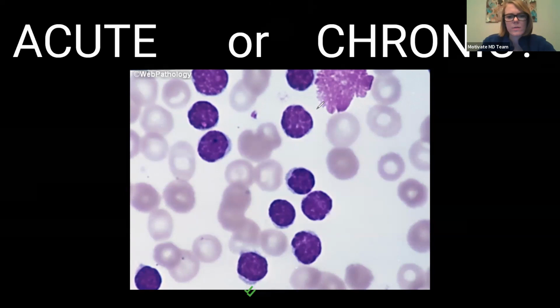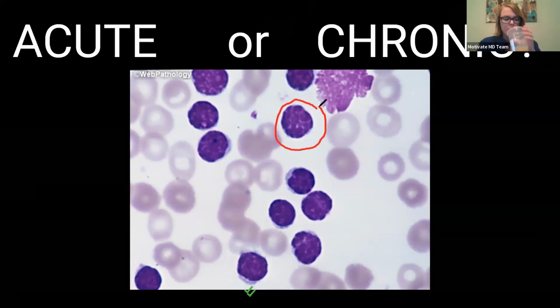What kind of cell are we looking at here? This one that I just circled right now. What kind of cell is that? You guys are close to basophil.